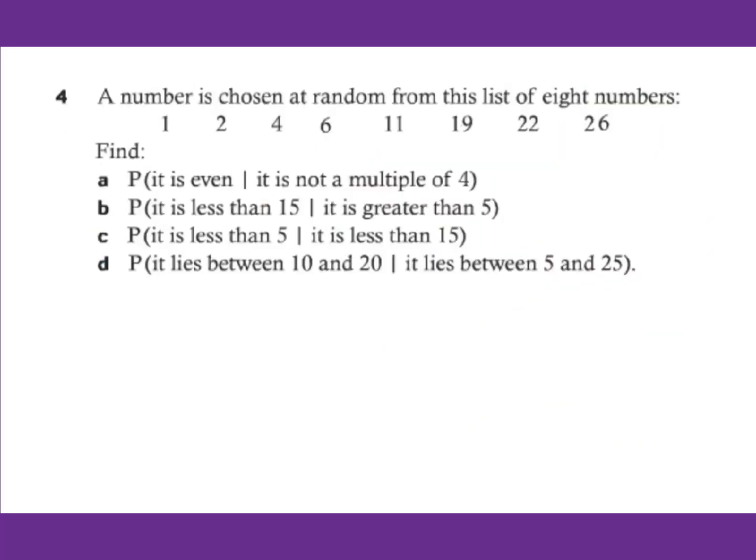Let's go to number 4. A number is chosen at random from this list of 8 numbers. Find the probability it's even, given it's not a multiple of 4. Not a multiple of 4, we know that it's 1, 2, 3, 4, 5, 6, 7.